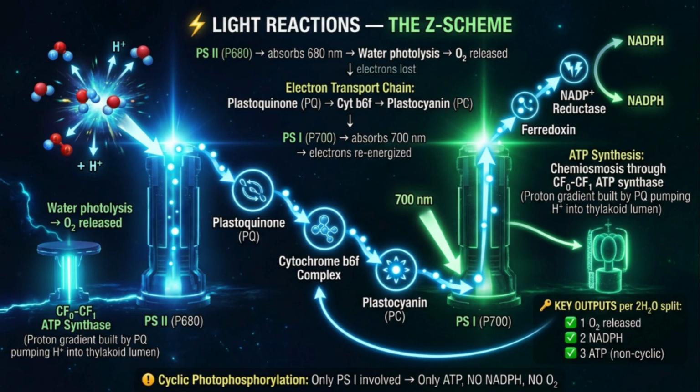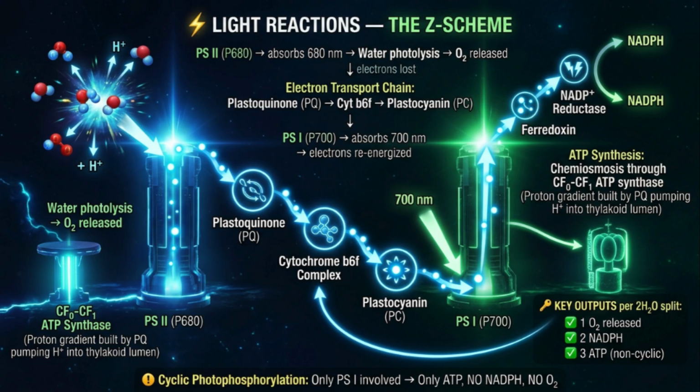Photosystem 2 contains the reaction center P680, P for pigment, 680 for the wavelength it absorbs. When light hits P680, it gets energized, kicks out an electron, and to replace that electron, it splits water. This is called photolysis of water. 1 oxygen molecule is released for every 2 water molecules split. This is where all the atmospheric oxygen on Earth comes from.